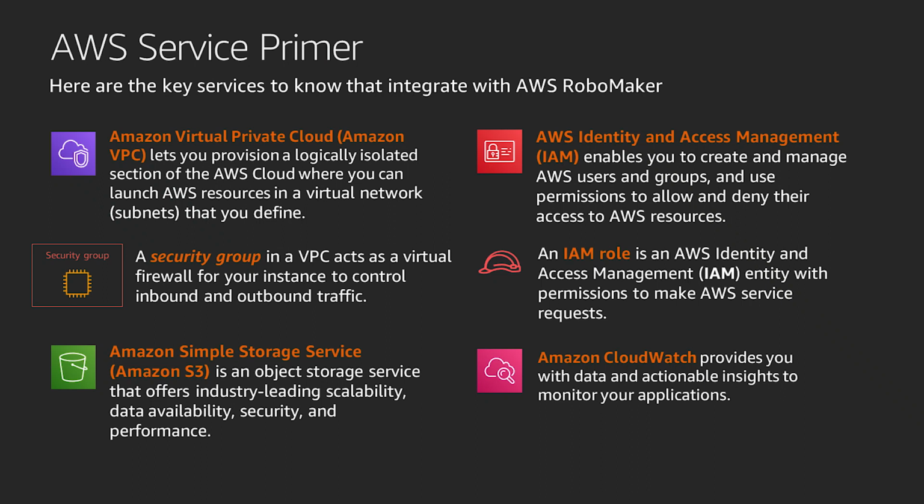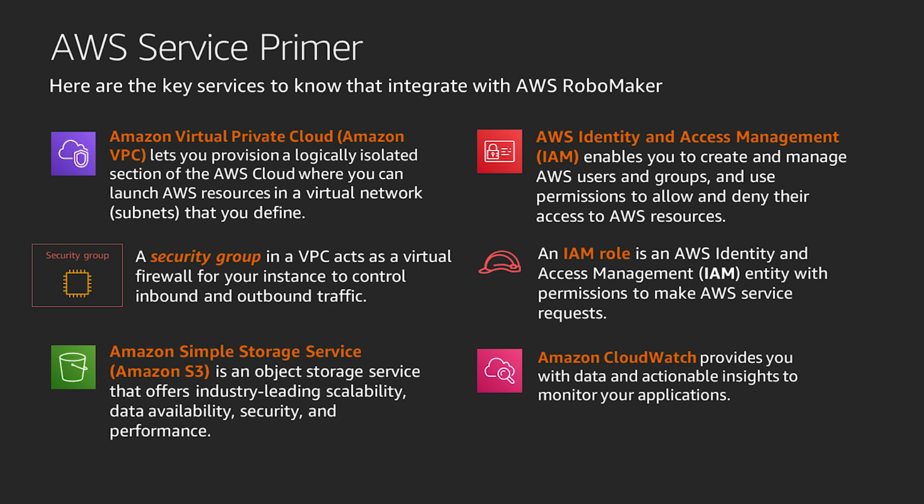You can run RoboMaker simulations in virtual networks you created using VPC. Amazon Simple Storage Service, or S3, is an object storage service in AWS with industry-leading scalability, data availability, security, and performance. You can use S3 to store things like robot application logs, software bundles, and more.